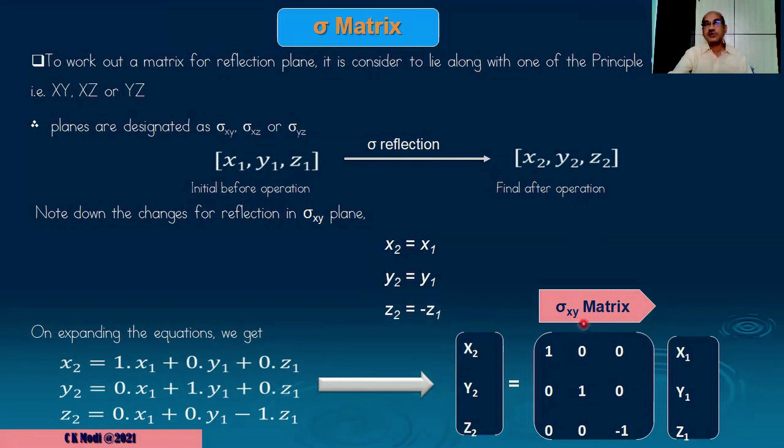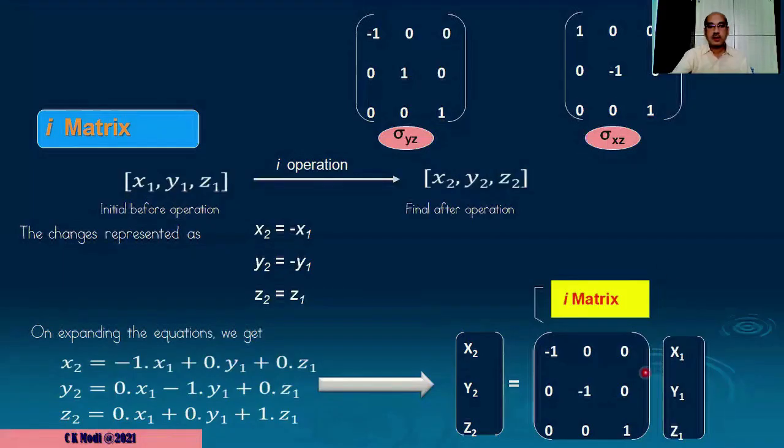In that case, y and z coordinates are situated in the plane. However, x, which is perpendicular to the plane, has the value minus 1. So minus 1 0 0, 0 1 0, 0 0 1. So these are the matrices for sigma yz, and this is sigma xz.